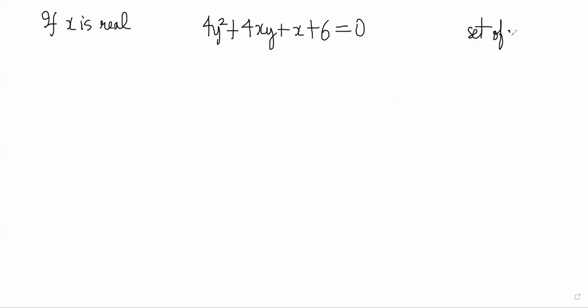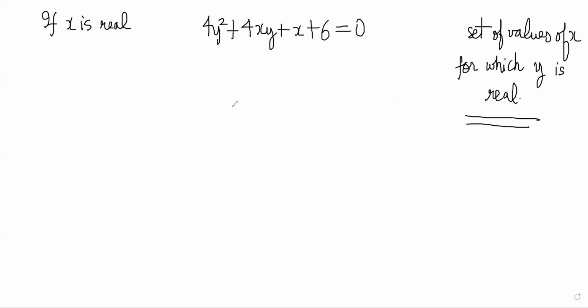No. X is real and the equation is 4y squared plus 4xy plus x plus 6 equals 0. The question is to find the set of values of x for which y is real. How would you do it?